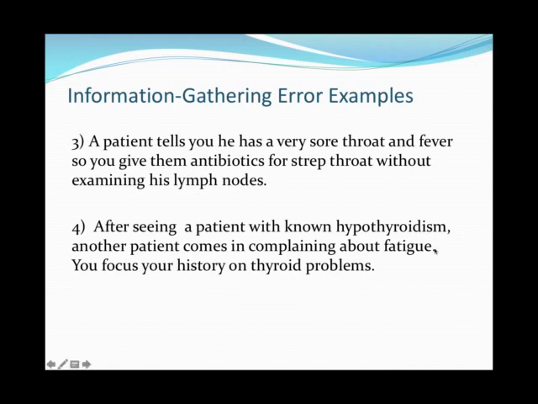So last one: after seeing a patient with known hypothyroidism, another patient comes in complaining about fatigue, and you focus your history on thyroid problems. So you examine a patient with known hypothyroidism, and then the next patient comes in complaining about fatigue, and you really focus your history on thyroid problems that might cause fatigue.